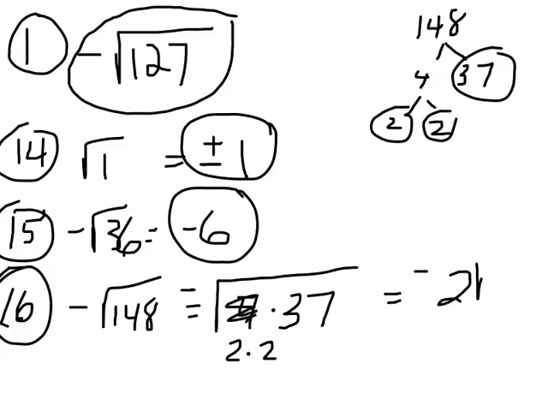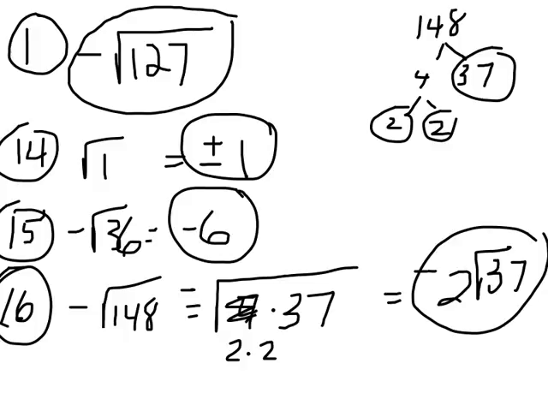You kind of find a way that makes sense to you. A lot of people like that square root dance analogy if they're always going to prime factor. But prime factoring takes a little time, and if you see a perfect square in there, it's always faster to go ahead and do that because it gets the number so much smaller, so much faster, okay? So this would be negative 2 square roots of 37.